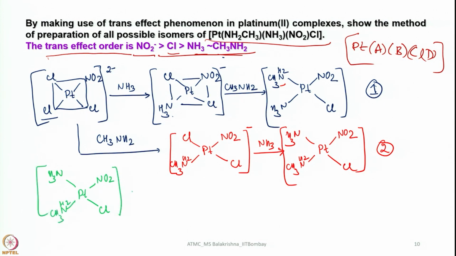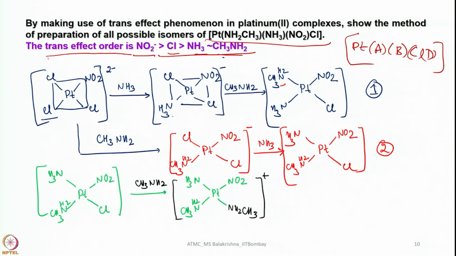Now I am adding one more methylamine to this one, so that it becomes very clear where it is going. This would not change, and of course this is already there, this would not change. So this comes here. So now we have a positive charge.